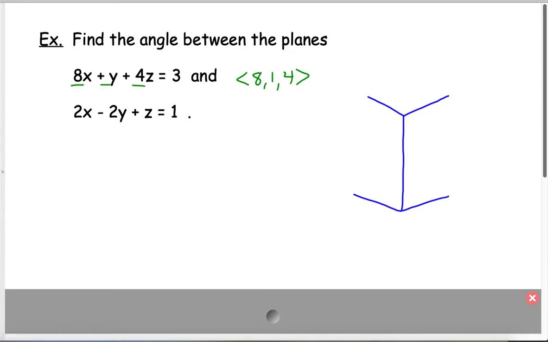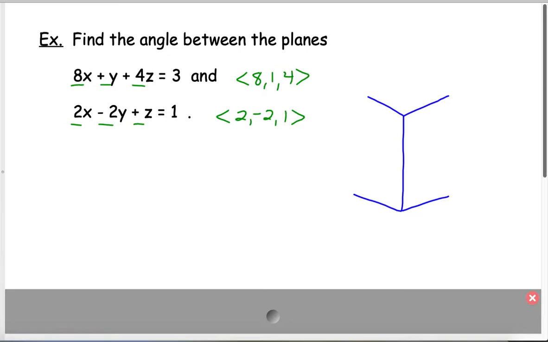And then we're going to have 2, negative 2, 1. And that's normal to the other plane. Which, by the way, therefore tells us that our planes are not parallel, because if one's a scalar multiple of the other, then you know that the normal vectors are parallel, which means the planes must be parallel. So we have these two vectors.